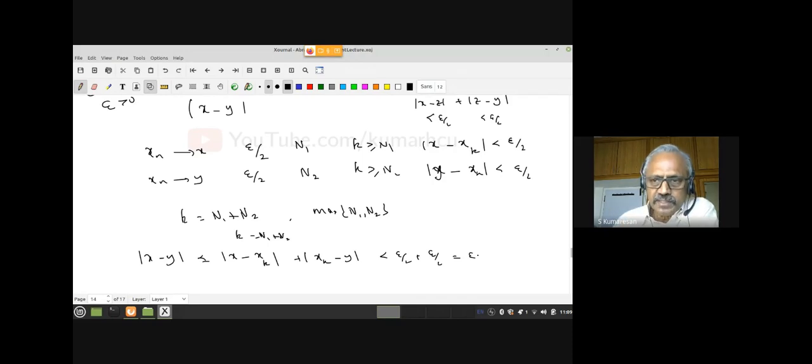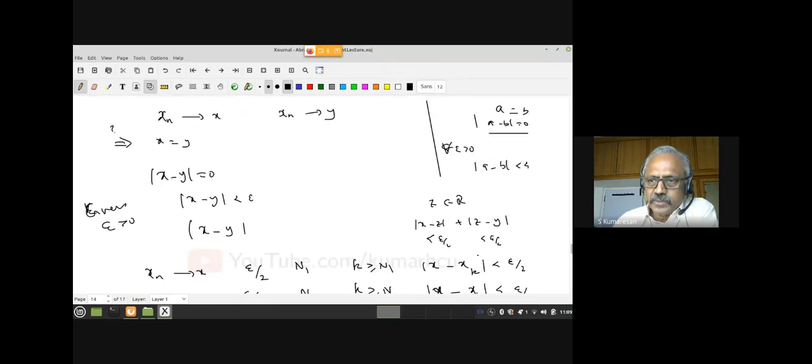Please pay attention. This is the simplest way I can explain whatever I was talking about analysis. Analysis means it's quantitative. Quantitative means you should learn how to order relation, less than or equal to, greater than or equal to, inequality, estimation. So when I want to prove two real quantities are equal, a equal to b, most often we will prove the distance between a and b, in this case mod a minus b, is 0.